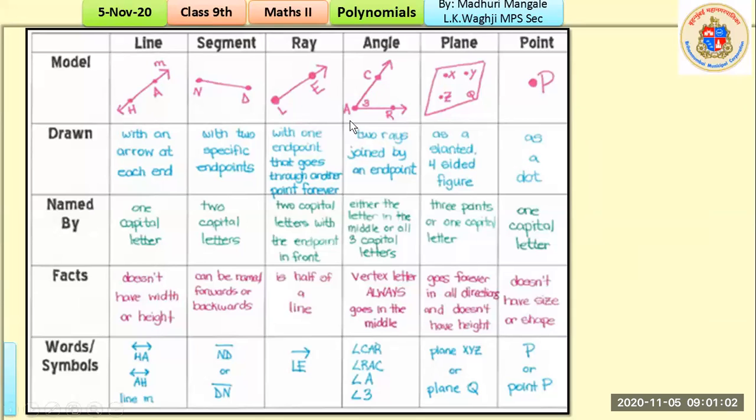And for a ray, when we write the letters, over it we draw the ray symbol. So just looking at the symbols, we can tell if it is a line, a segment or a ray. Same goes with angle. We use this symbol for stating that it's an angle.